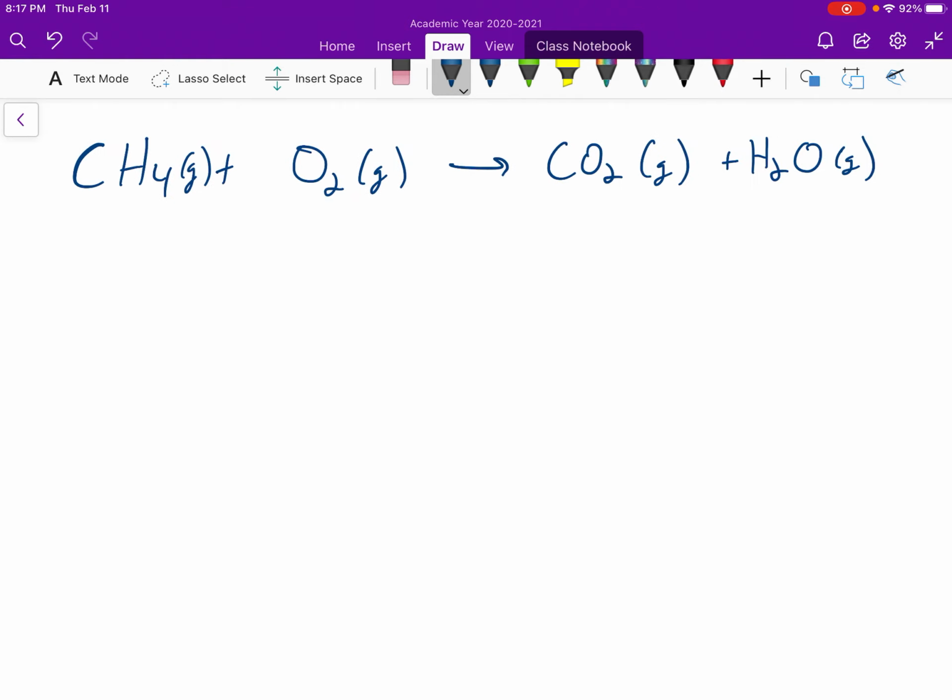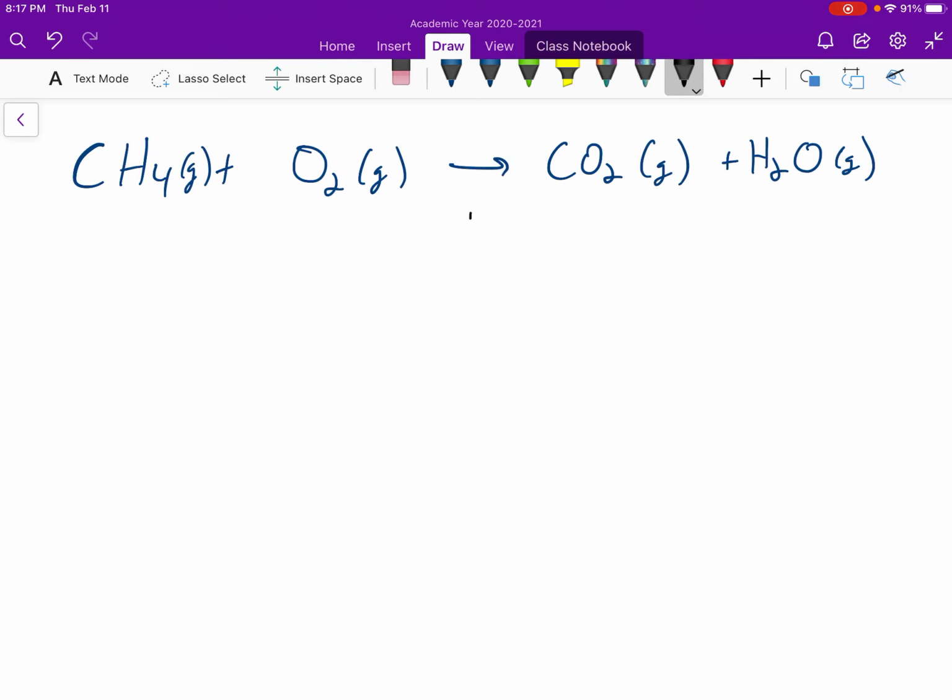Okay? This reaction happens this way. I can't change the compounds. I have to add up the atoms and make sure everything works out.